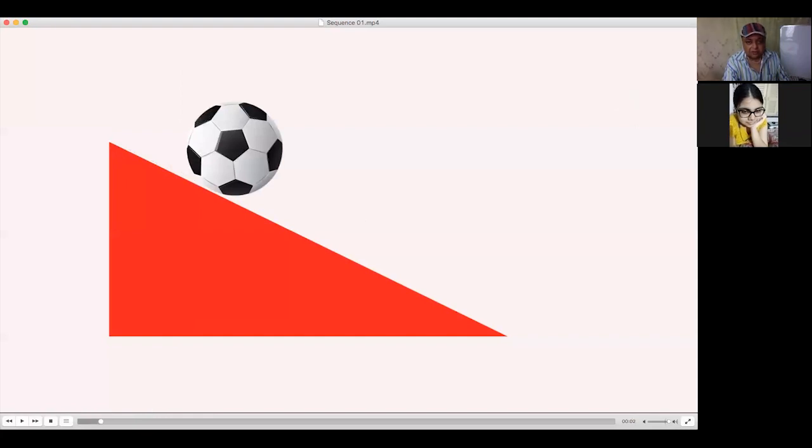Initially, what would you expect to happen? Obviously, there will be some sliding. It will slide down and acquire some velocity. But as soon as it slides down, it's also going to have a force of friction opposing the motion.